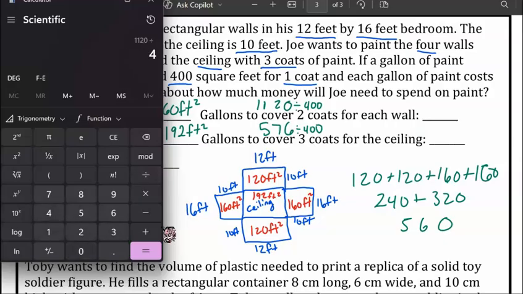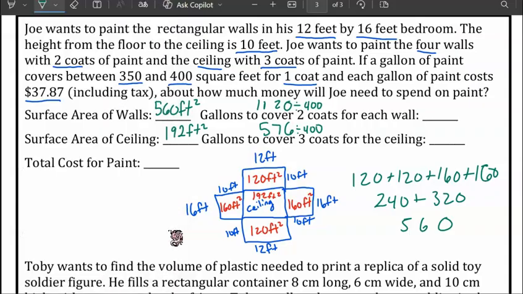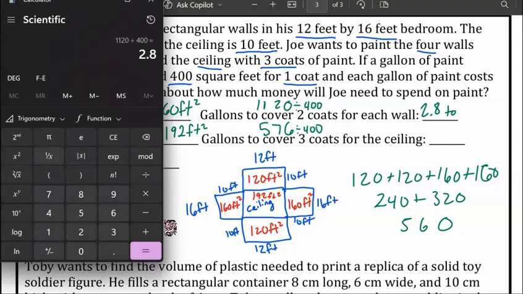1,120 divided by 400 is 2.82, and then we'll divide again by 350.